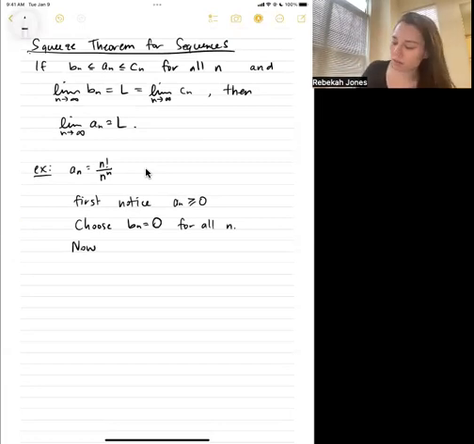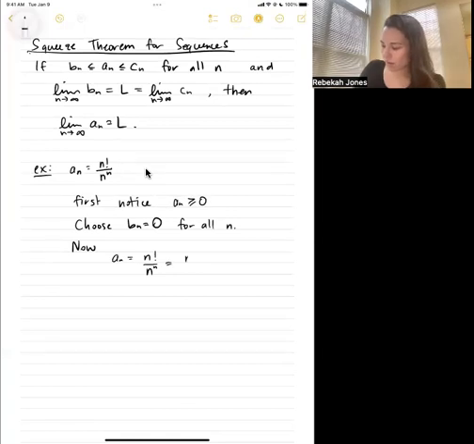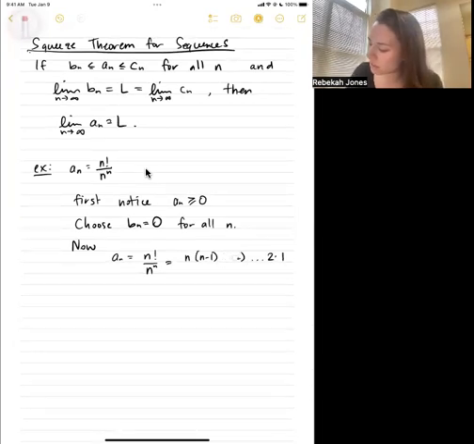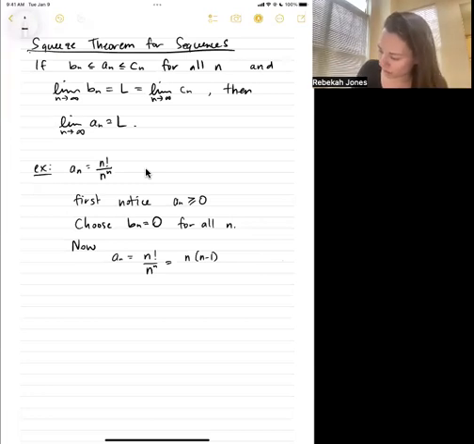Now, to choose the other one, let's write out a sub n in a particular way. It's n factorial over n to the n. And we know that n factorial is n times n minus 1 times n minus 2, all the way down to 3 times 2 times 1.